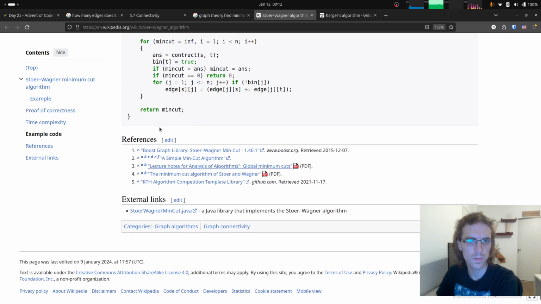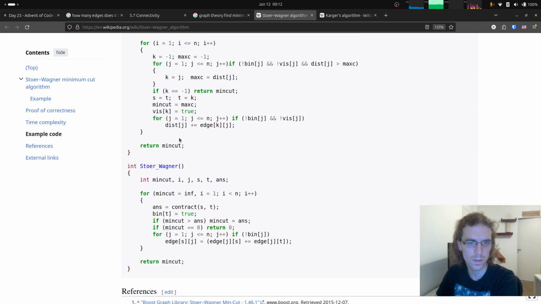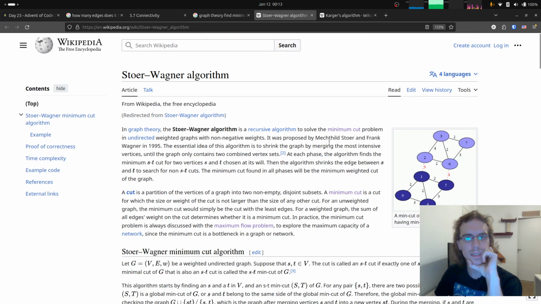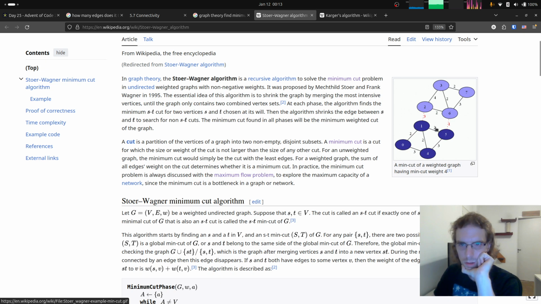So it's a bit of code to understand. Look at that, C style C++. Okay, so should we try to understand this algorithm now?